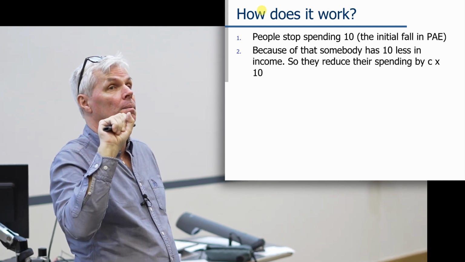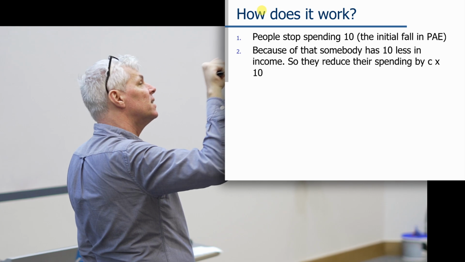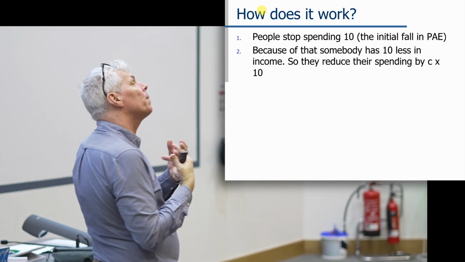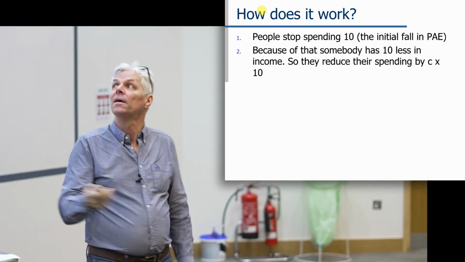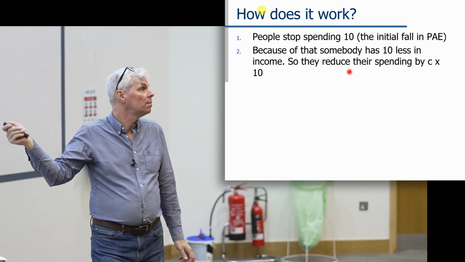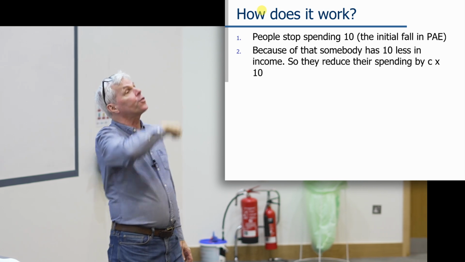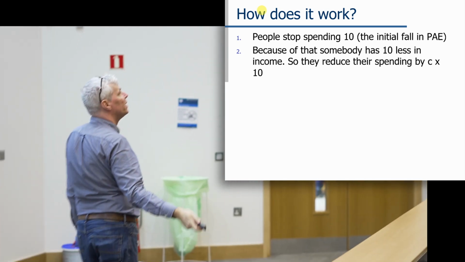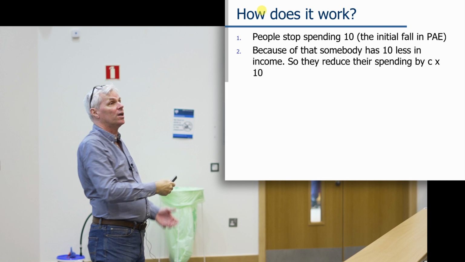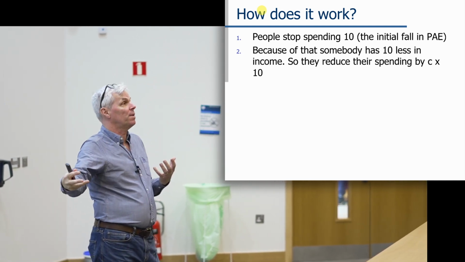And so his spending gets affected more. And so if the marginal propensity to consume is high, this second step is going to be bigger. Right? The second guy is going to reduce his consumption by more. And the third step is going to be bigger, and the fourth step is going to be bigger, and the 60th step is going to be bigger. And so the multiplier is going to be bigger.